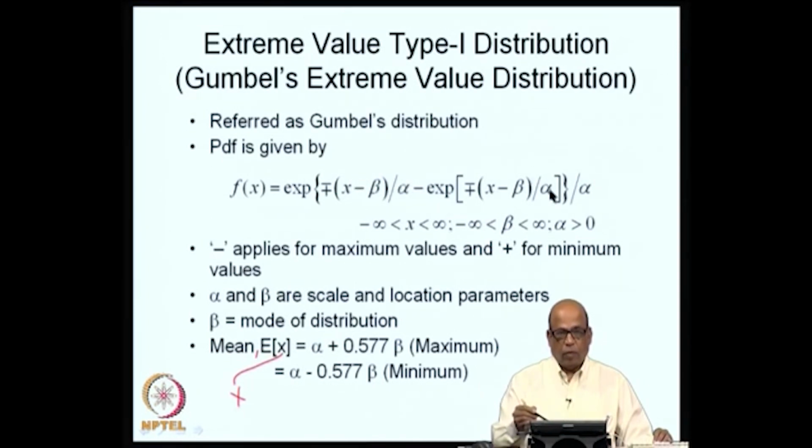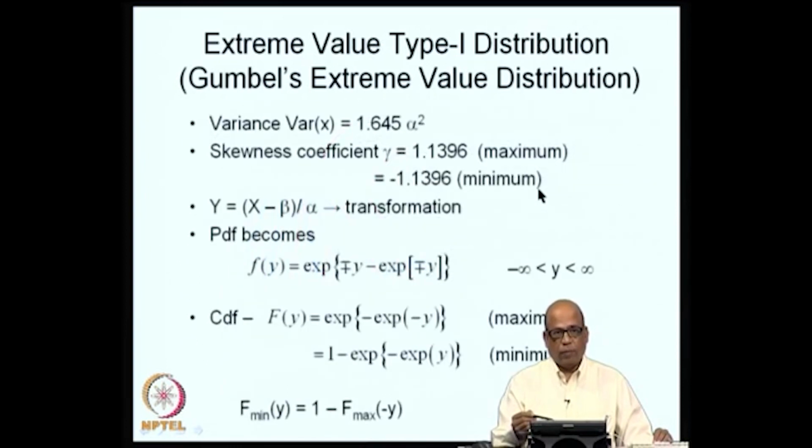When you use that transformation, the PDF becomes, now we are talking about the distribution of y, f of y equal to exponential of minus or plus y minus exponential of minus or plus y. This is a useful result and we use this kind of transformation when talking about probabilities of extreme events.